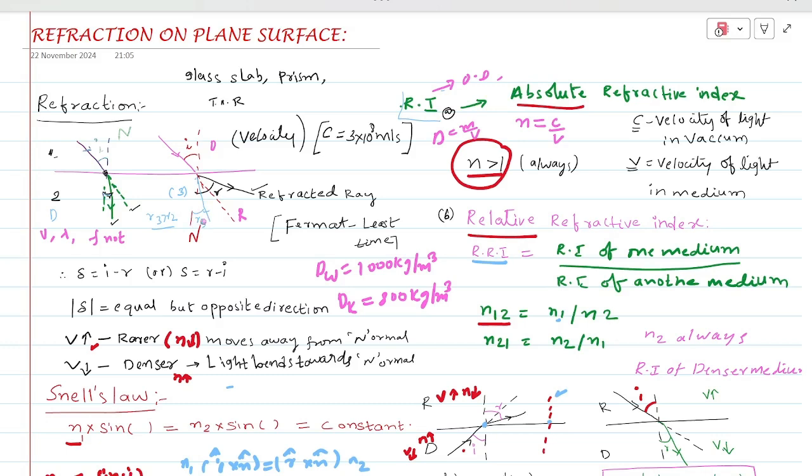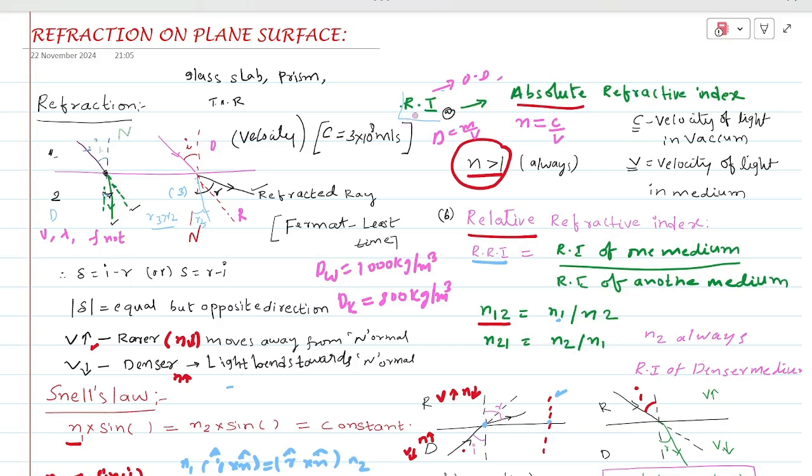If the refracting angle is less than the incident angle, that medium is denser. If the refracting angle is more than the incident angle, that is rare. Finally, refraction means that when traveling from one medium to another, the light deviates its path towards the normal or away from the normal, depending on which medium to which medium it is traveling, rarer to denser or denser to rarer.